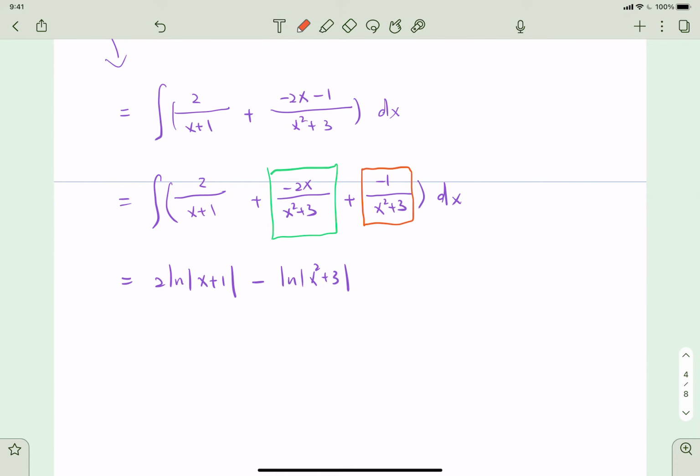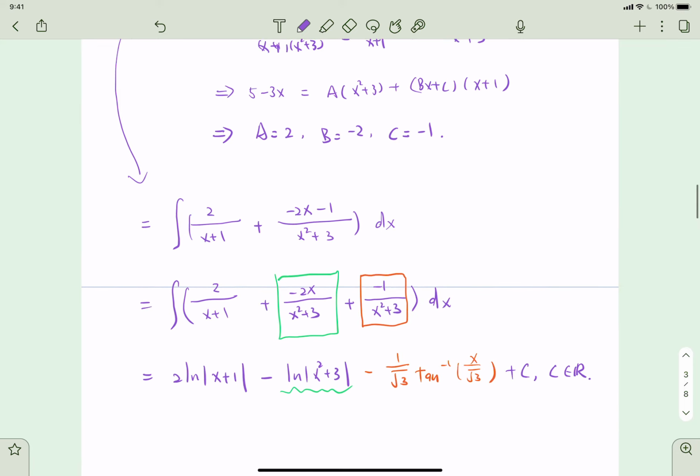So this is going to equal minus 1 over square root of 3 tangent inverse x divided by square root of 3. Of course, we need a plus c, right? That's the routine that we need to do.